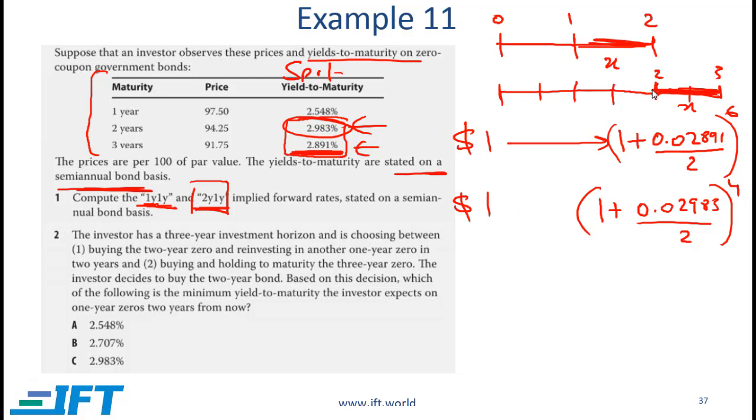But then you need to find this number X. X is the forward rate for 1 year after 2 years. So this number multiplied by (1 plus X over 2) squared should be equal to how much you will have at the end of 3 years. Why did I do X over 2?